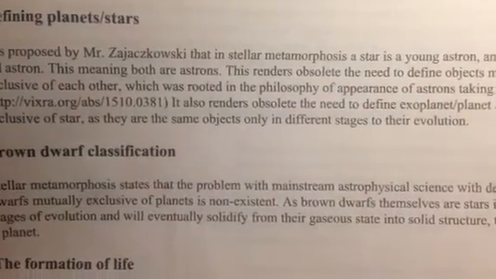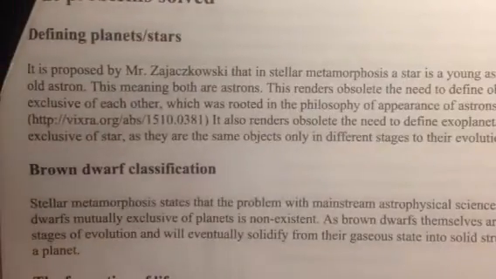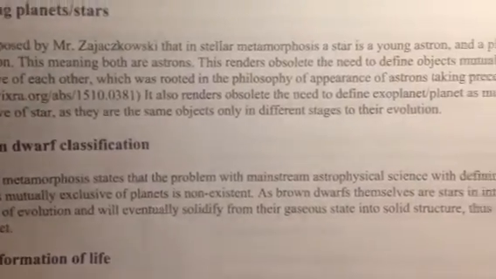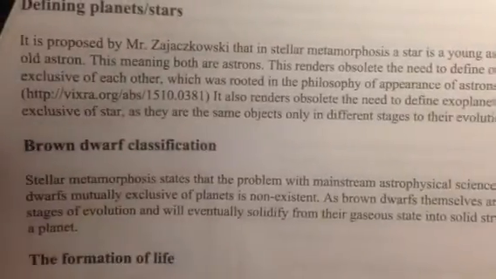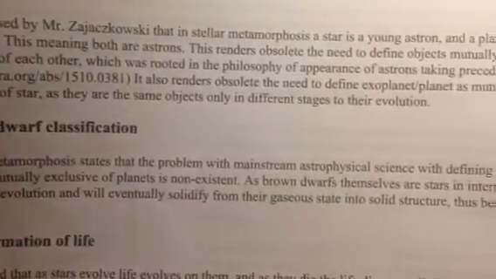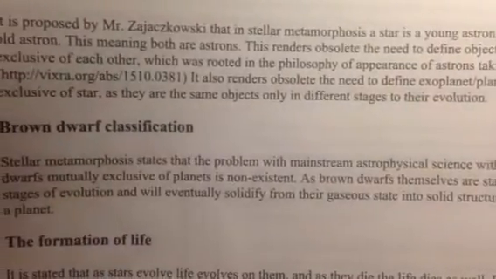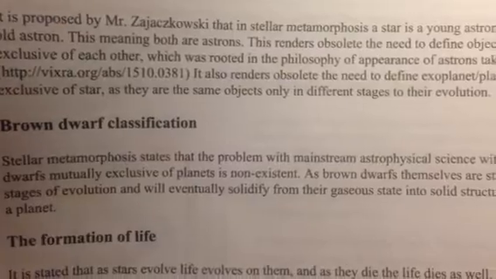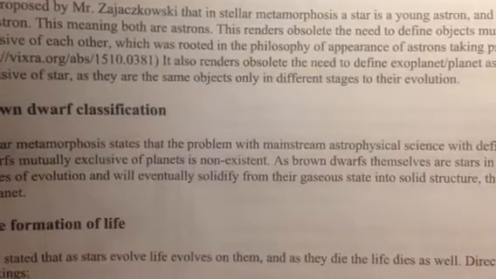This renders obsolete the need to define objects mutually exclusive of each other, which was rooted in the philosophy of appearance of astrons taking precedence. It also renders obsolete the need to define exoplanet, planet as mutually exclusive of star, as they are the same objects, only in different stages of evolution.